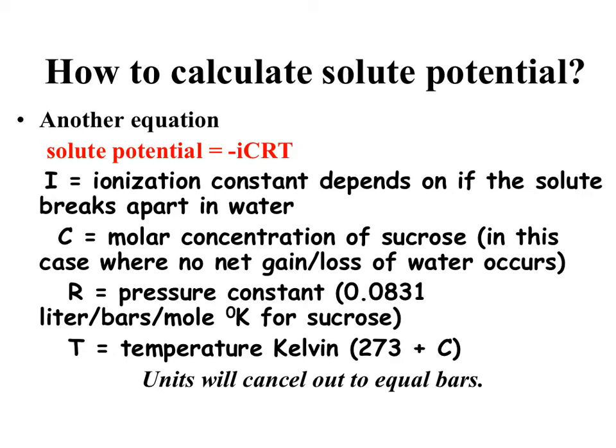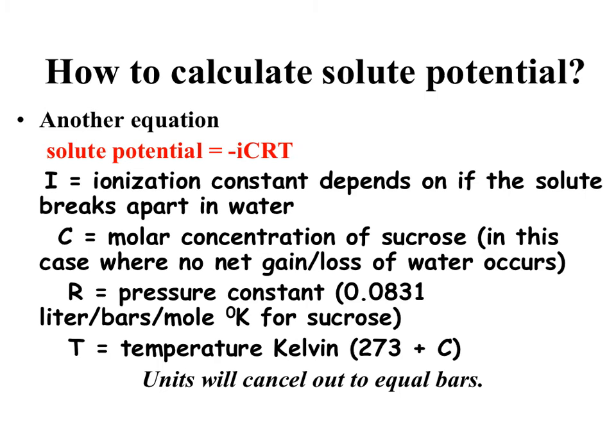Now, sometimes on the AP test or in labs or in class, you might be asked to calculate just plain old solute potential, or sometimes they'll ask you to calculate water potential. They'll give you enough information to calculate solute potential, but they won't actually give you the value of solute potential.